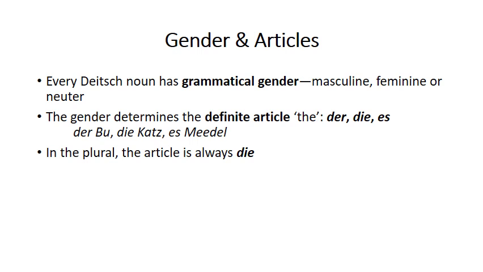Now the good news is that in the plural, the article is always die. So da, like da boo, when that word becomes plural, you use die. So anytime it's more than one of them, regardless of the grammatical gender of the noun, the definite article, the word for the, becomes die.